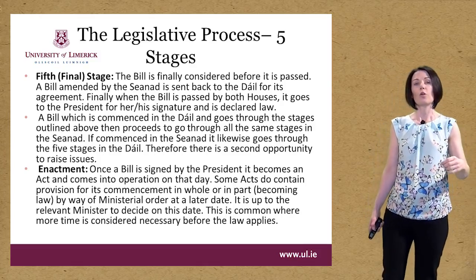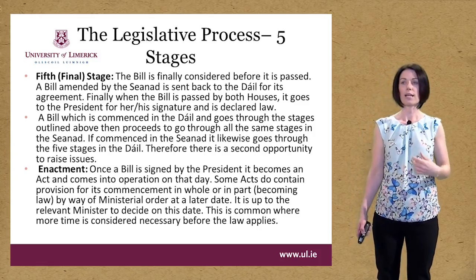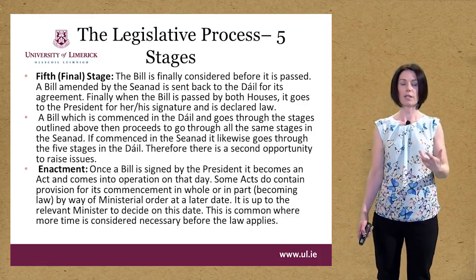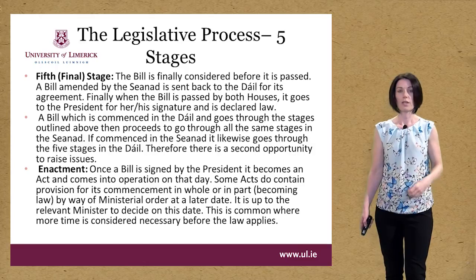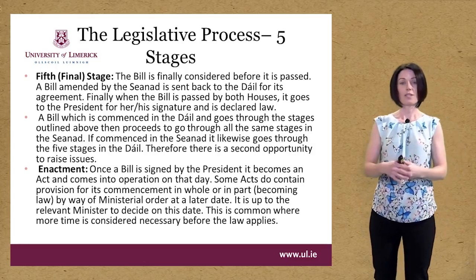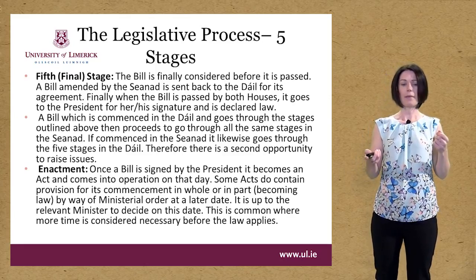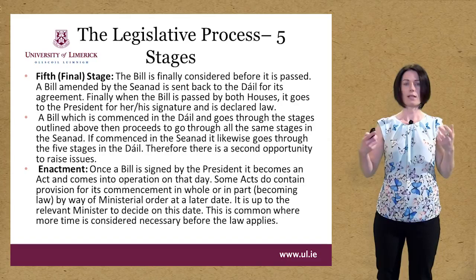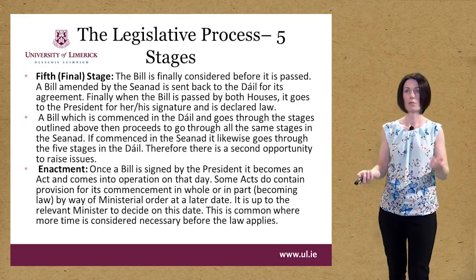Then it will be sent forward for signature by the President, and once the bill is signed by the President, it is enacted and generally becomes law either on its day of operation, or you'll often find a provision within the legislation that says this act will pass on a commencement date that will be issued by the relevant minister.